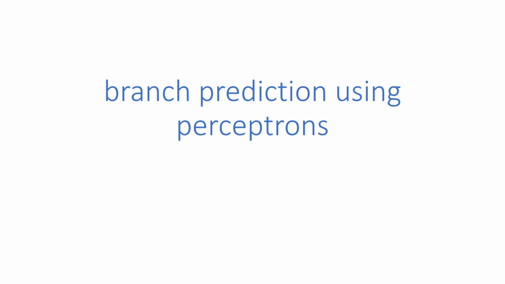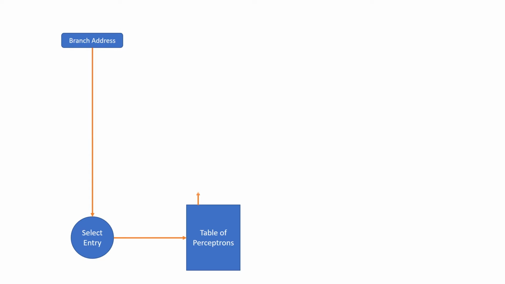We store different perceptron weights in a table, and these perceptron tables are stored in a fast SRAM. When the processor encounters a branch in the first stage, the following steps are conceptually taken. In the first step, the branch address is hashed to produce an index into the table of perceptrons, and from the hash we pick some perceptron, let's say the 8th perceptron.